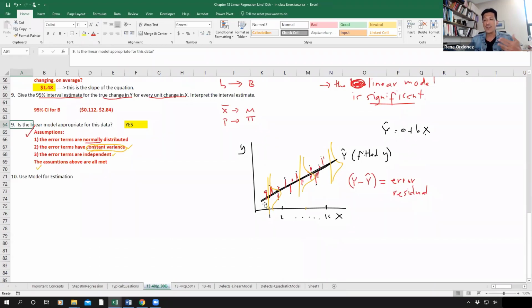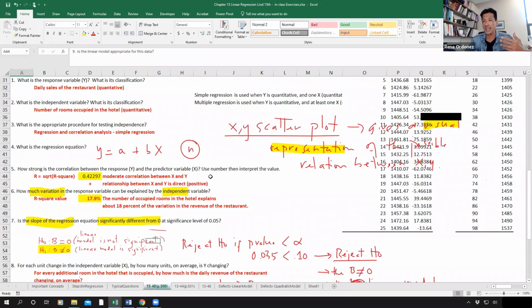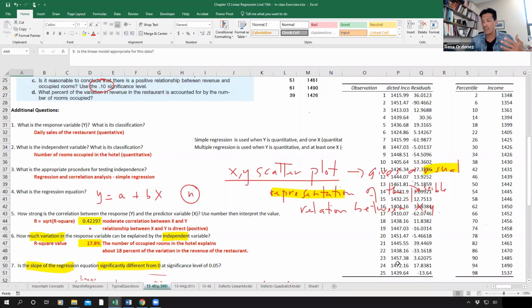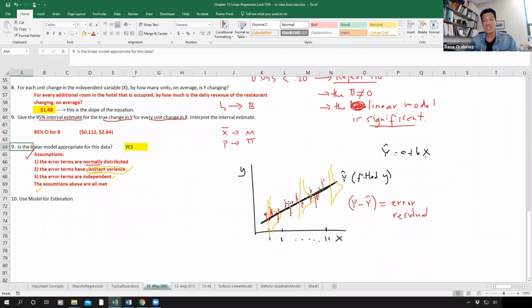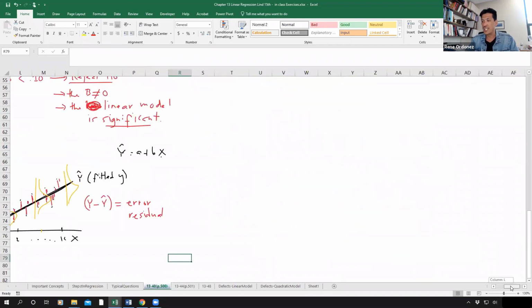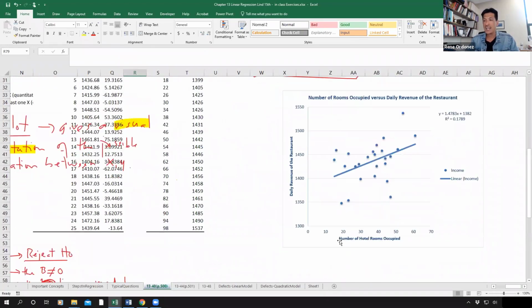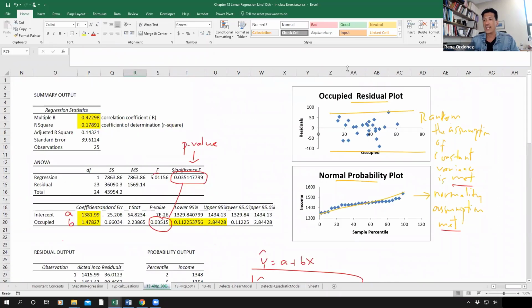So when you have, say, in this example, how many data? We have 25 observations, so you will have 25 such residuals that you plot. The plot of residuals that we obtained was over here.